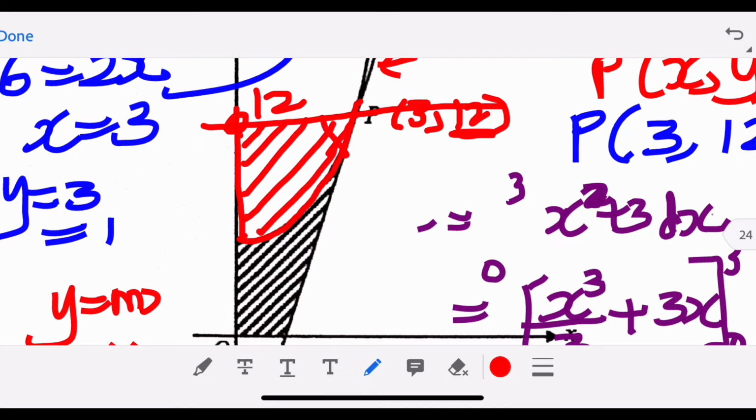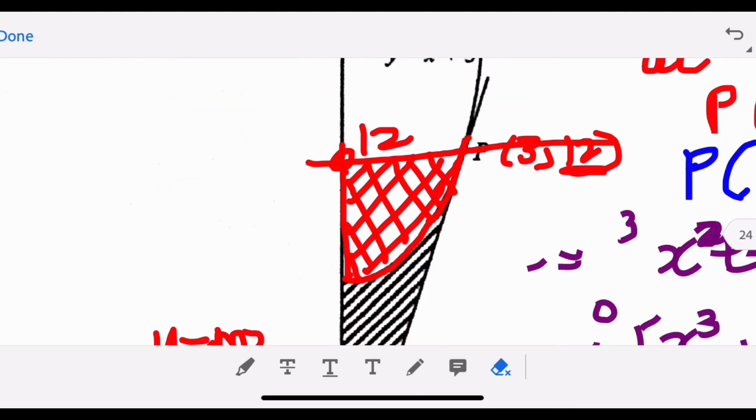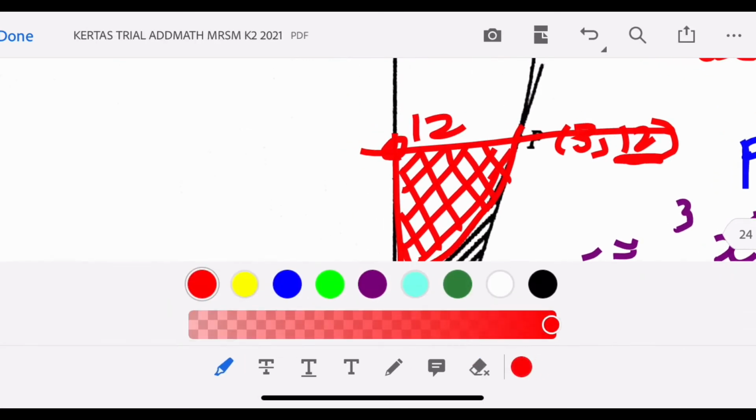For this area shaded in red color, if we are going to rotate about the y-axis, what will the volume look like? Okay, let's try to sketch out, right?